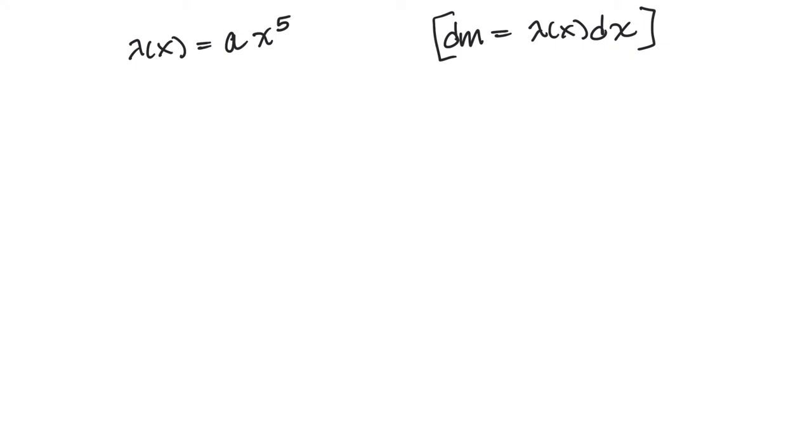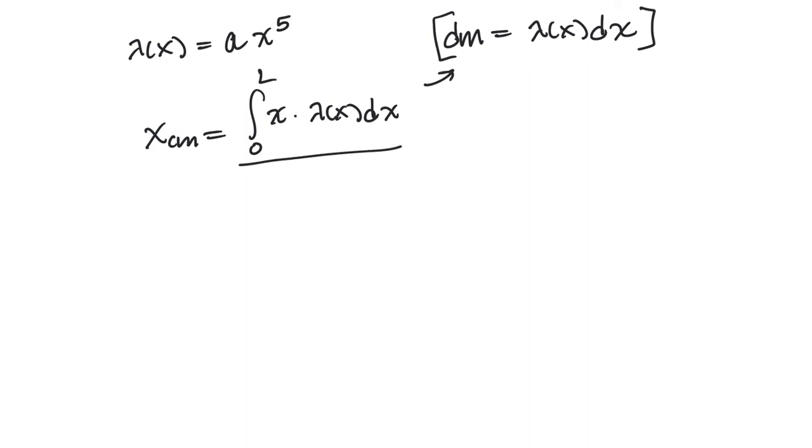But we can just use our straight equation. XCM is equal to the integral from 0 to L of x times dm, which is lambda of x dx from up here, divided by the integral from 0 to L of just dm, without the x. So let's put it in.